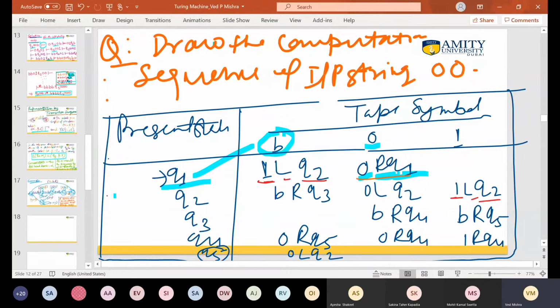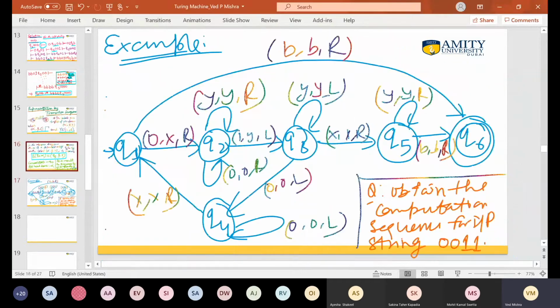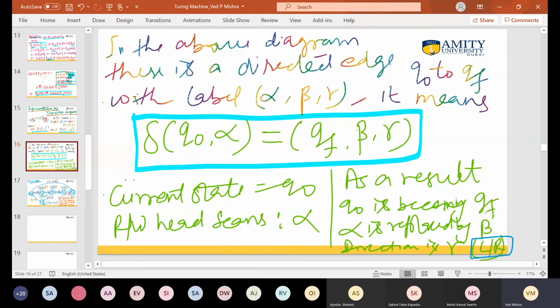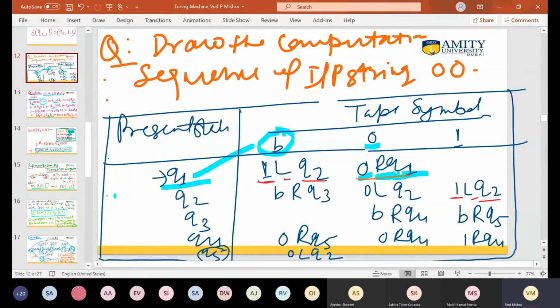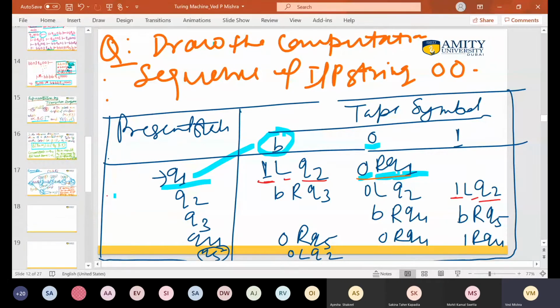The next state is coming first, then the output, and then the direction. But in the transition table, firstly the output is coming, then direction, and then state. So don't be confused between the transition table and transition diagram.